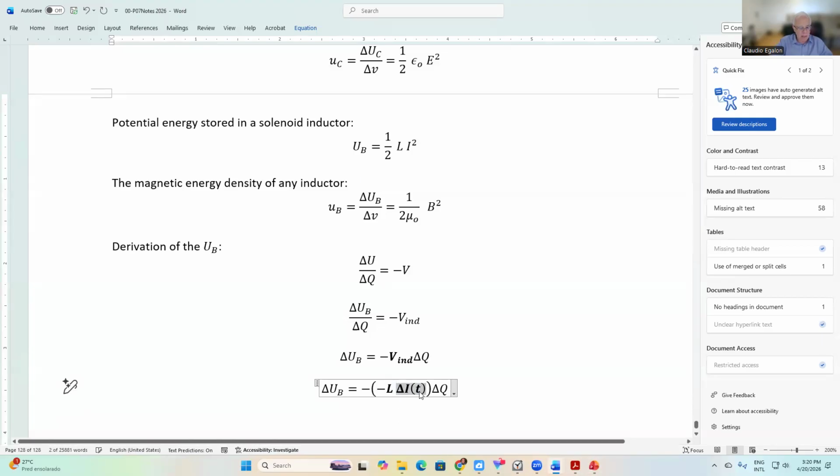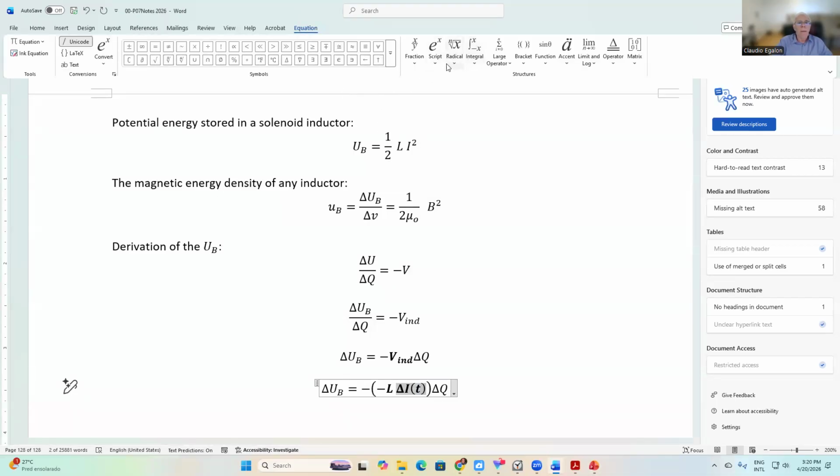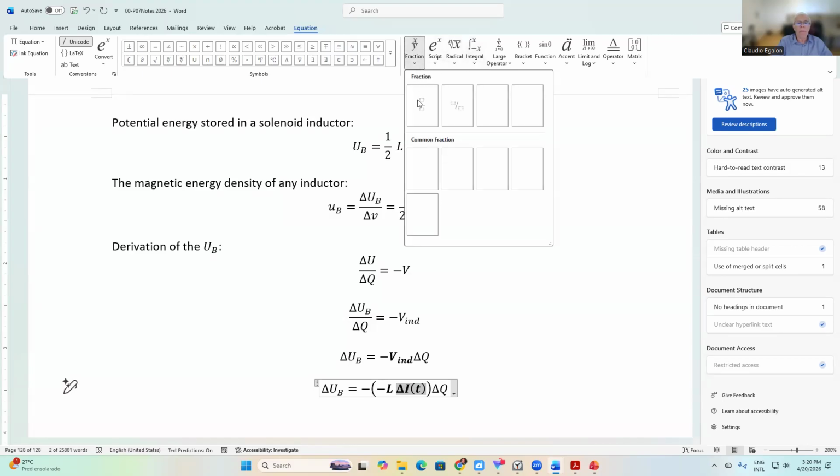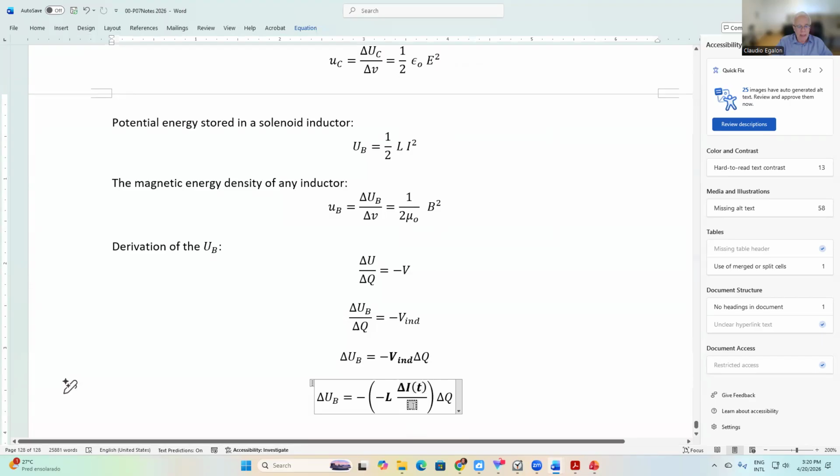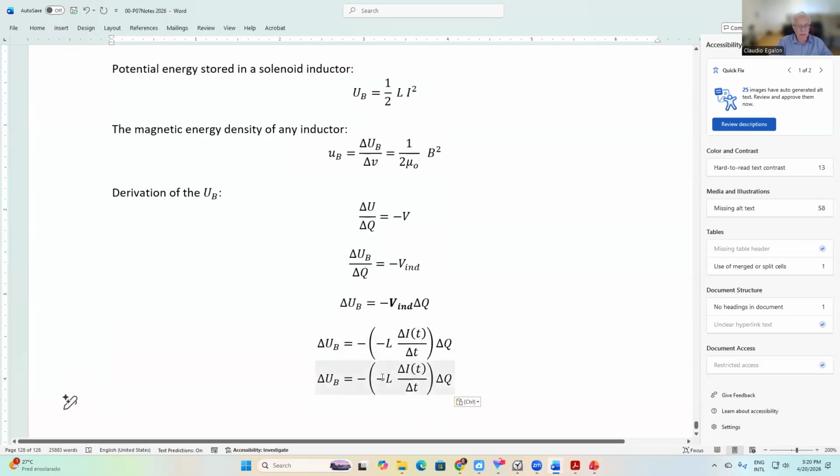So I'm emphasizing that here for you. Faraday's law in a different format. So the negative sign cancels out. That's the first obvious step that you can see in this equation.